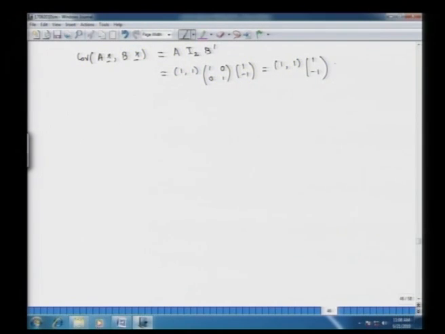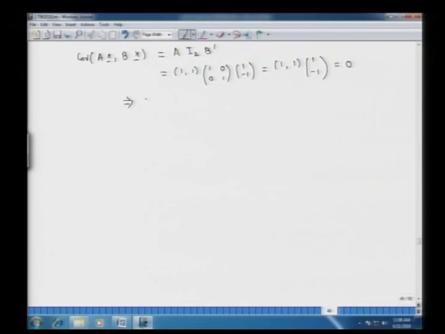So it's 1 minus 1, and that is equal to 0. Since the covariance between Ax and Bx is equal to 0, and the joint distribution of Ax and Bx is a multivariate normal distribution, that implies that Ax and Bx are independently distributed.